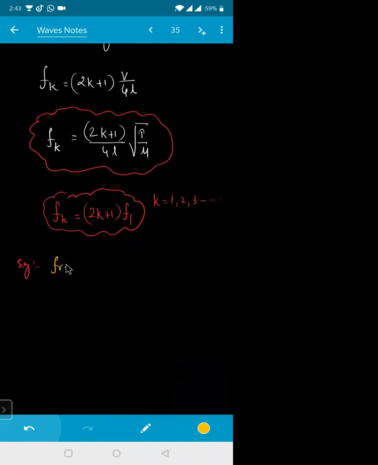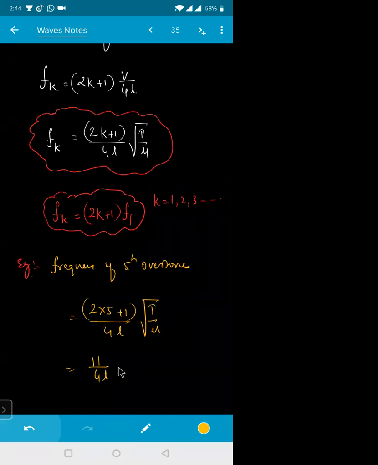Say, if I'm talking about the frequency of the fifth overtone, that will become how much, beta? Frequency of your fifth overtone will be equal to (2 into 5 plus 1) divided by 4L into under root of T by mu. 2 fives are 10 plus 1, so this will be equal to 11 by 4L under root of T by mu. That will become 11 times the fundamental frequency N1.